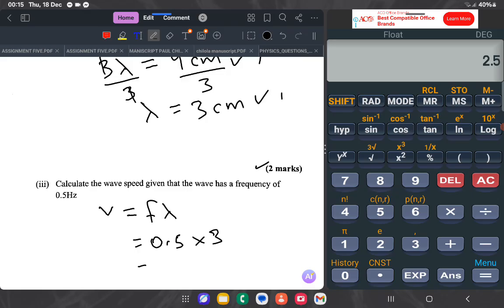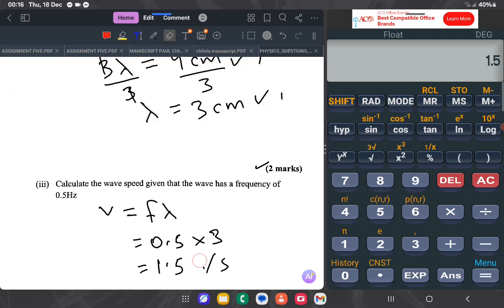So the speed is going to be 0.5 multiplied by 3, which is 1.5. So this wave is traveling at a speed of 1.5 meters per second.